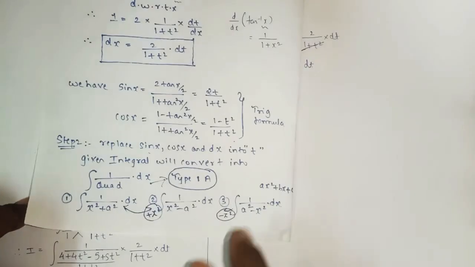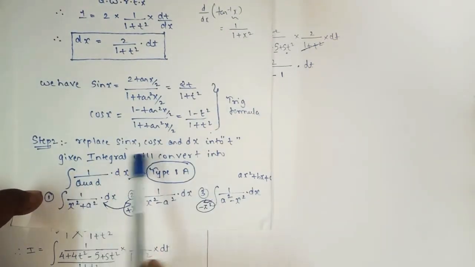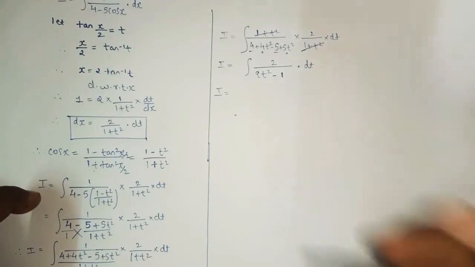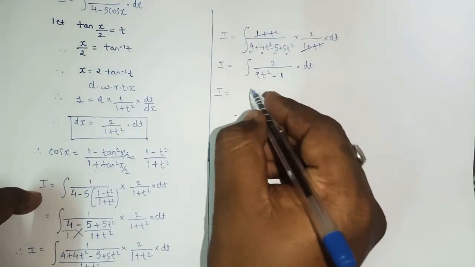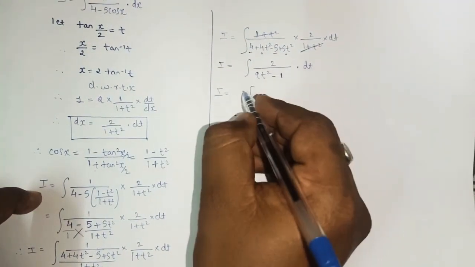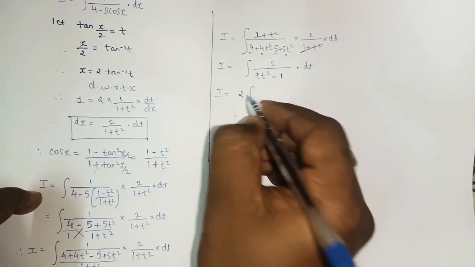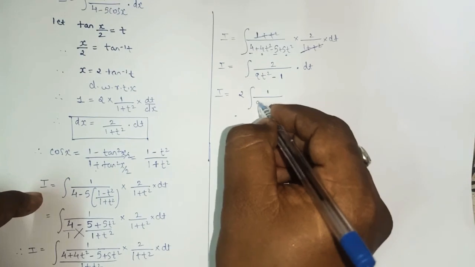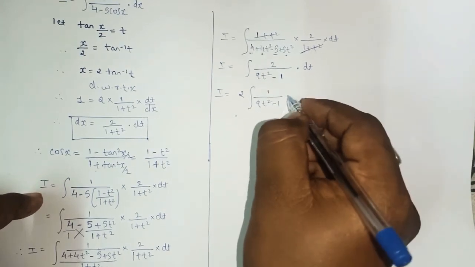As per the rule, as I told, the integral will get converted into 1 upon quadratic form. So here we require 1. We'll bring this 2 outside the integral. Here we write 1 upon 9t square minus 1 into dt.